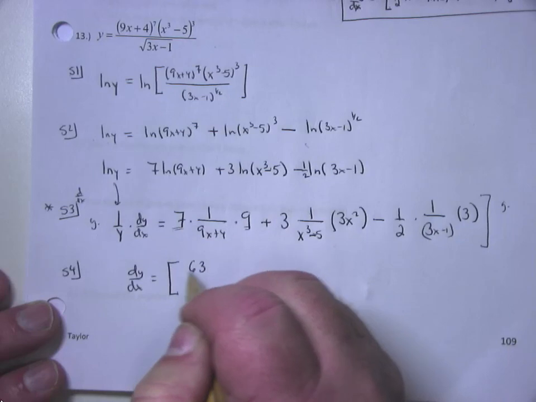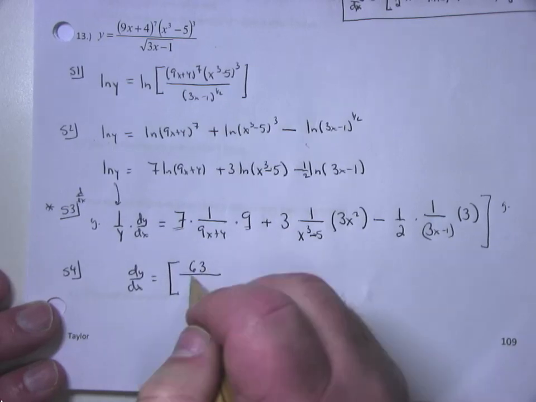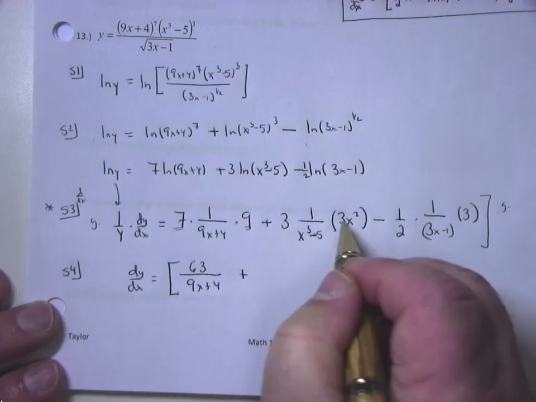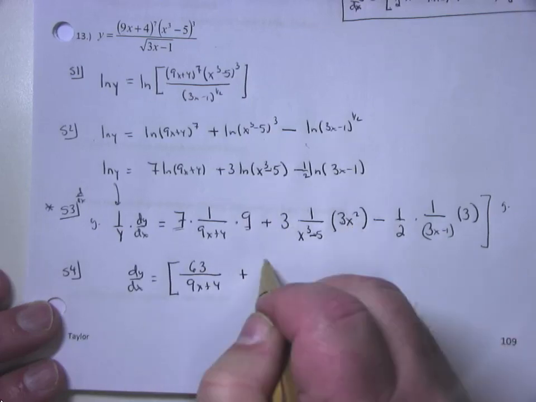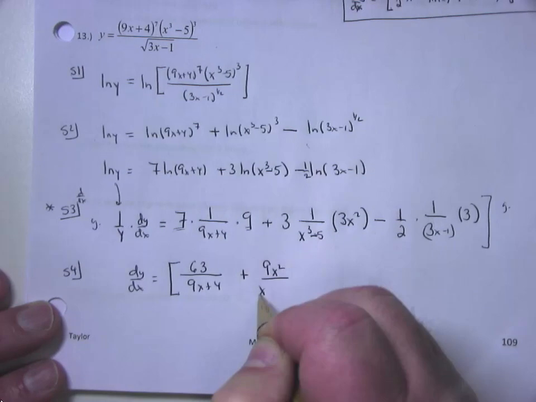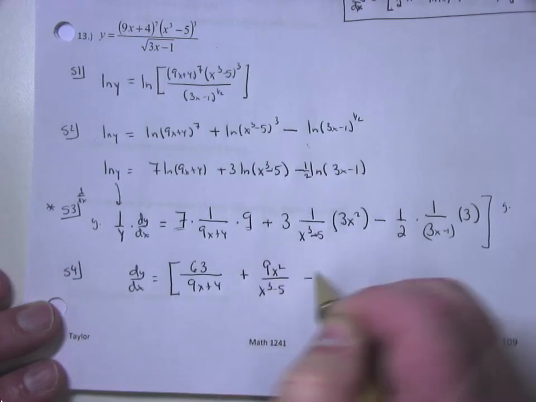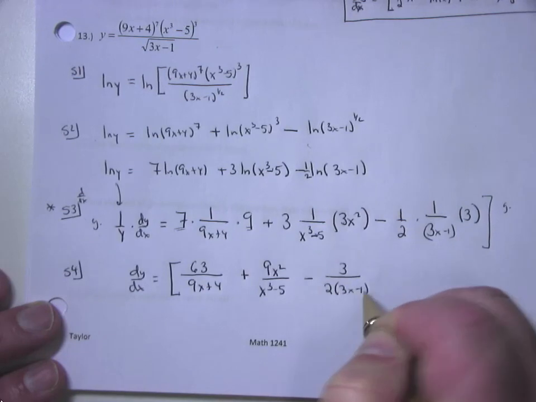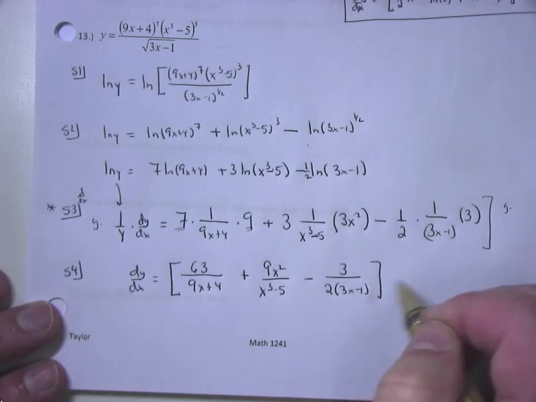We should know this from the second grade. 63 divided by (9x plus 4) plus, what's 3 times 3x squared? 9x squared divided by (x cubed minus 5) minus 3 divided by 2 times (3x minus 1). All that times y.